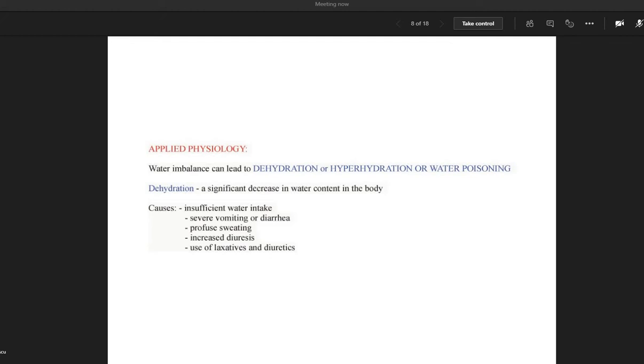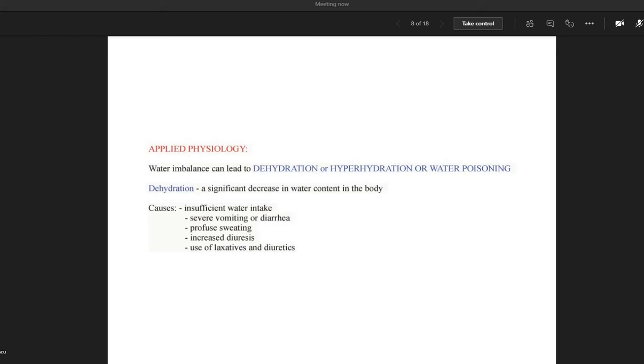And also the kidney, due to the fact that there we have the filtration, reabsorption, and secretion processes. Now, about some practical situations, let's imagine that we have a disbalance.